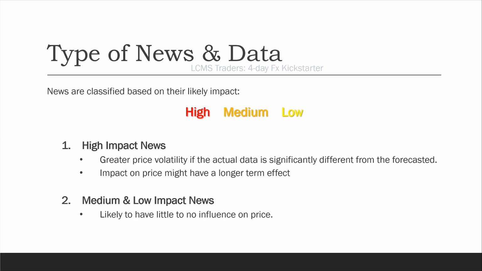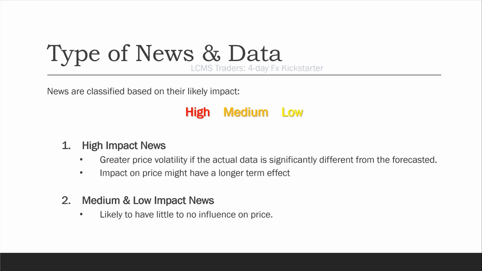The medium and the low impact news could still have some influence on price, but it's likely to have little or even no influence on price, depending on how far off it is from the forecasted data, depending on what's being released, and also depending on what the medium and low impact news actually is and what it measures.